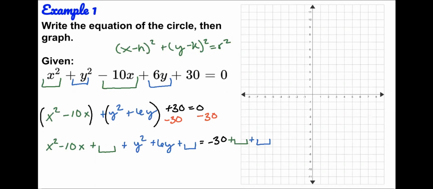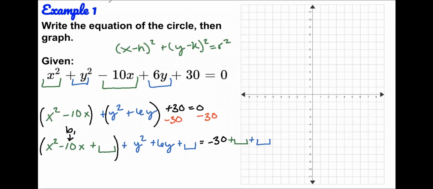Now, if you remember how to complete the square, we're continuing to group our terms here. We have x to the power of 2 minus 10x plus blank. How do we get that third term? Well, this is going to be my b. I'm going to name it b sub 1 because that's my first b. I don't want to confuse it with my second b. My b sub 1 in this case is negative 10.